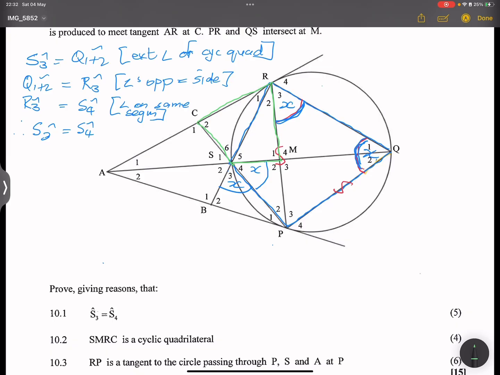They say prove that it is a cyclic quad. Now, what I'm going to do is I'm going to use S4. And if we can prove that S4 is equal to R1 plus 2, okay, then that would mean that it is definitely a cyclic quad, because we'd use the converse of exterior angles of a cyclic quad.